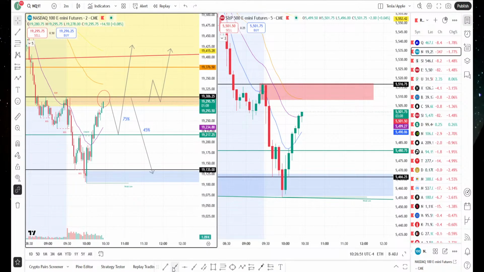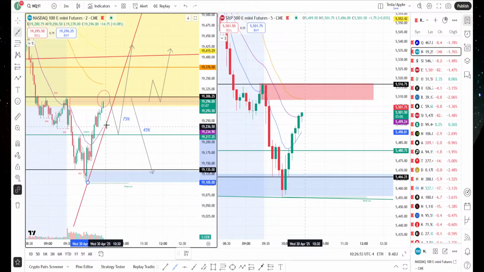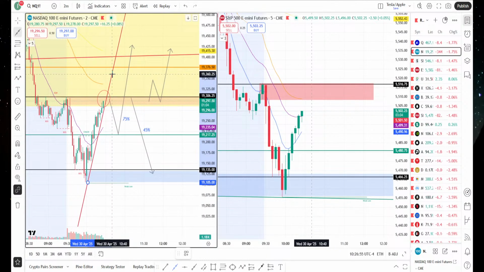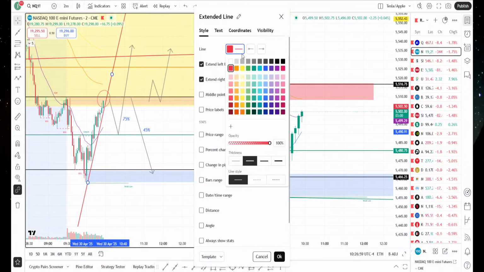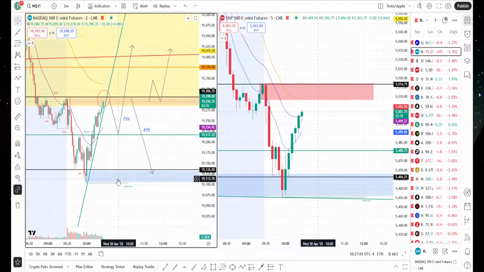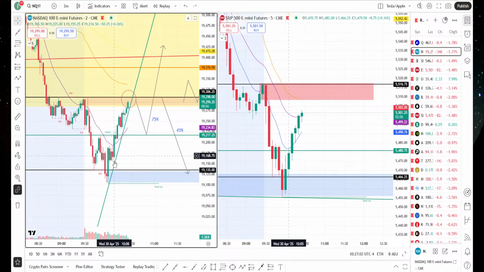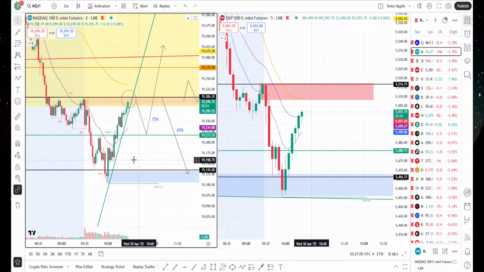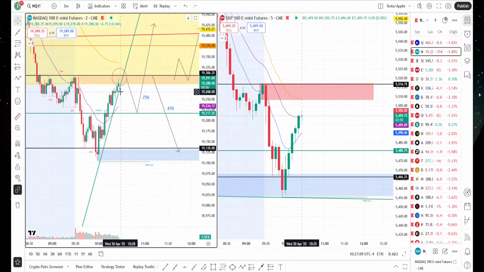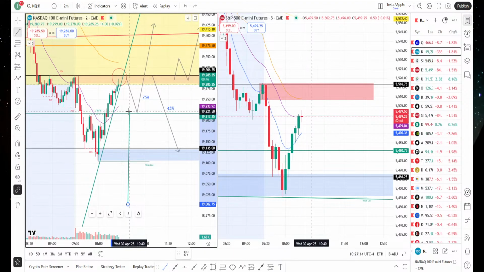Look at how steep this push is. Look at how steep this is, right? Look at the inclination on this push up. Right? This green line is almost completely vertical.